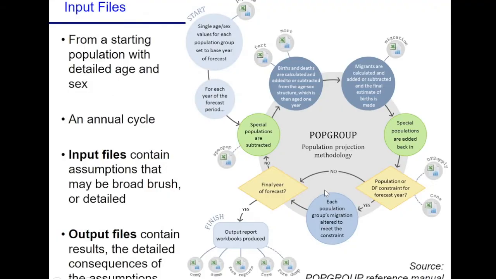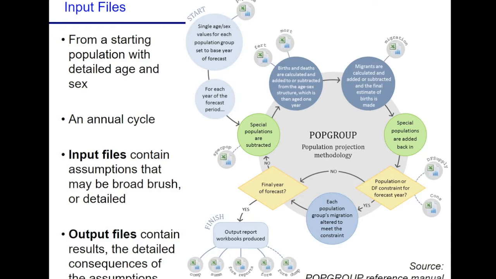So to recap the cohort component projection methodology and the way that POPGROUP applies this, in POPGROUP we specify a whole set of Excel files which contain information on our population base, fertility, mortality, and migration. So we start off with our population base at the start of the projection.